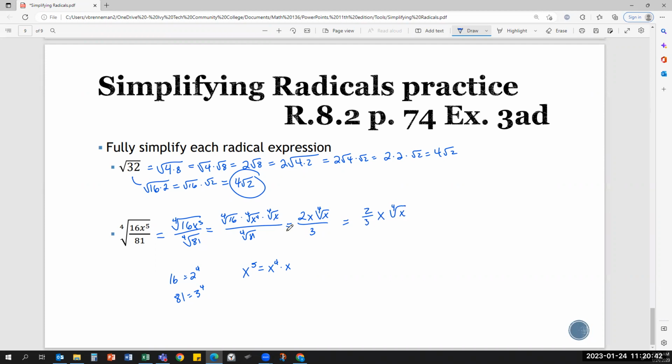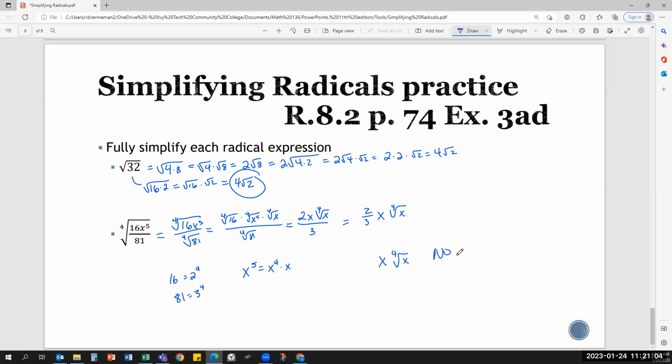Because there's still that x inside of the 4th root, x can't be negative, and so we don't have to worry about the 4th root of x to the 4th coming out as the absolute value of x, because x being negative wouldn't work at all anyway. Be careful with this. We have the x times the 4th root of x.